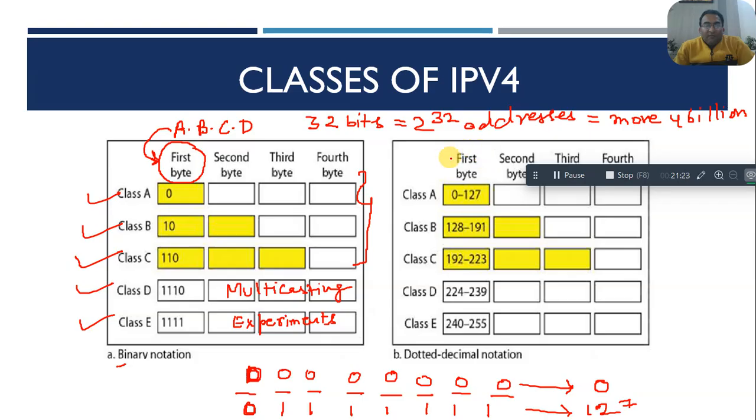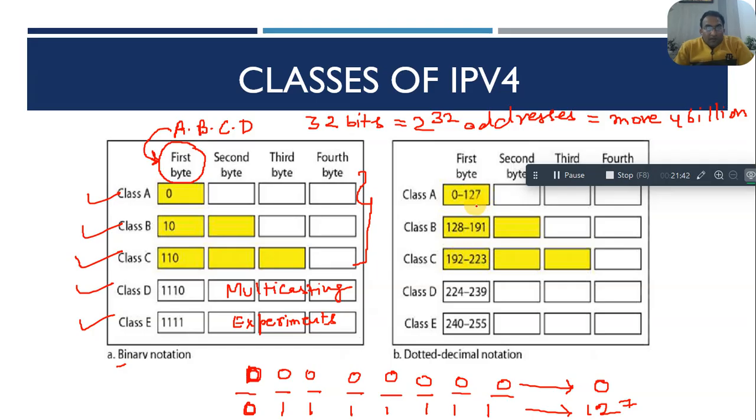That's why the class A IP address has values from 0 to 127 in the first octet. If you see numbers between 0 to 127, this belongs to class A. Similarly, for class B the numbers are between 128 to 191, and for class C it is 192 to 223.